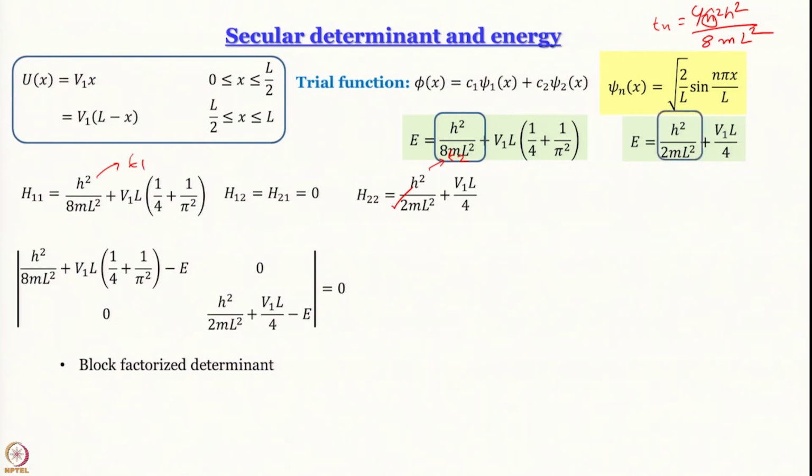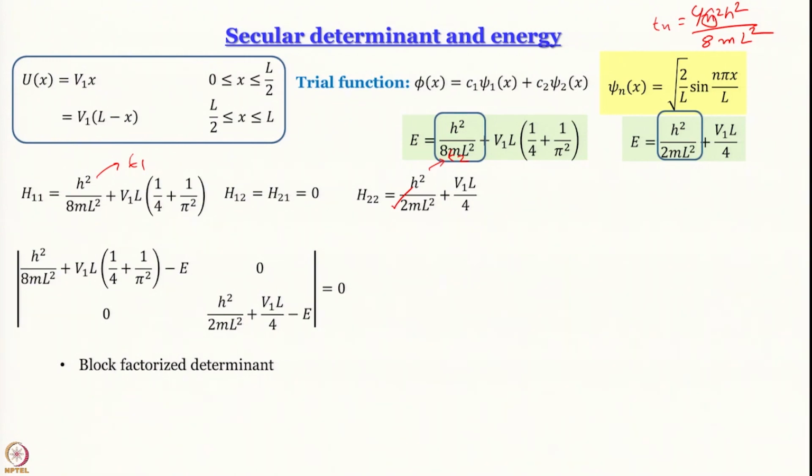We know that these two are the energies of n equal to 1 and n equal to 2 for the regular particle in a box that we have studied earlier, and that is really very nice. So, whatever energy we got earlier plus some correction term. That is the advantage of having a block factorized determinant. We have got the two roots; which one is lower in energy, which one is higher?